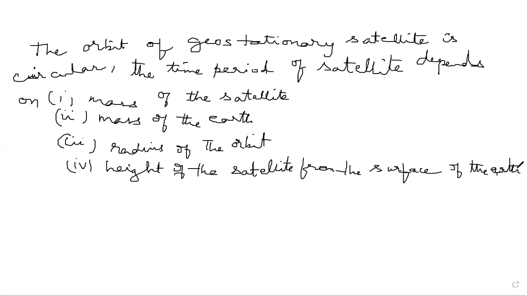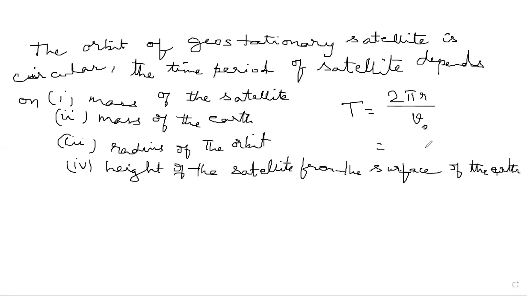Okay, so if I want to see all this, first you should know the time period formula. So what will be your time period formula? In terms of velocity, we can write T is equal to 2 pi r divided by V naught.